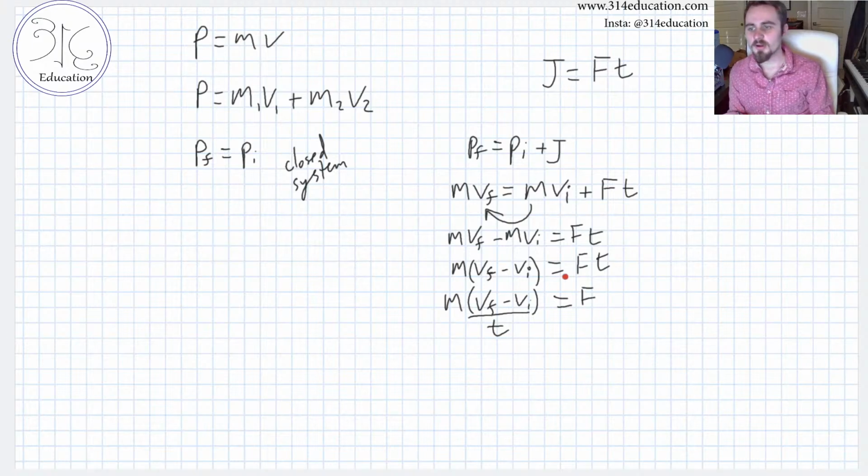Now this term should look a little familiar to those of you who've reviewed kinematics lately, because this is our kinematic definition of acceleration. And so we see that our conservation equation for when we have an open system is just following Newton's second law, because if we plug this in here, this gives us F equals ma.